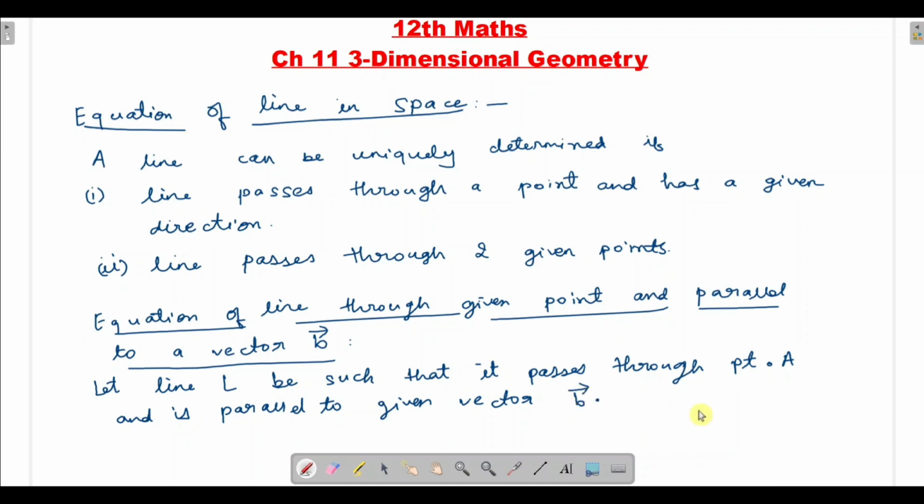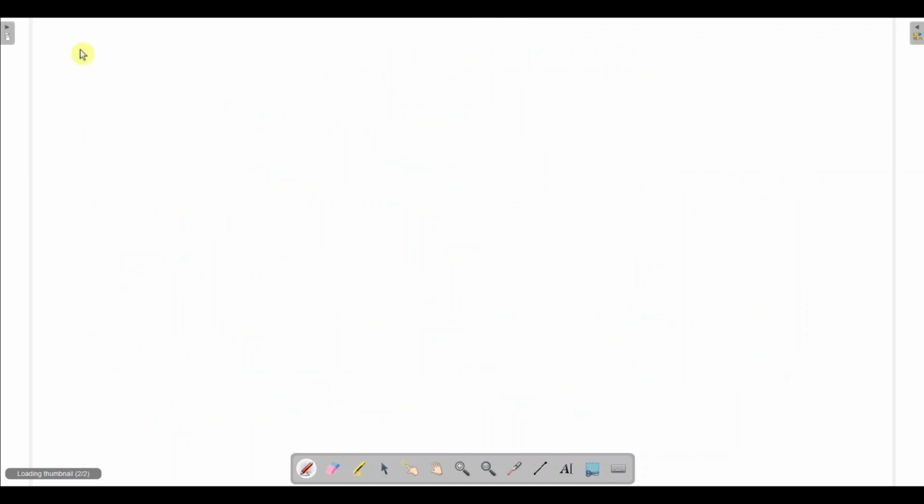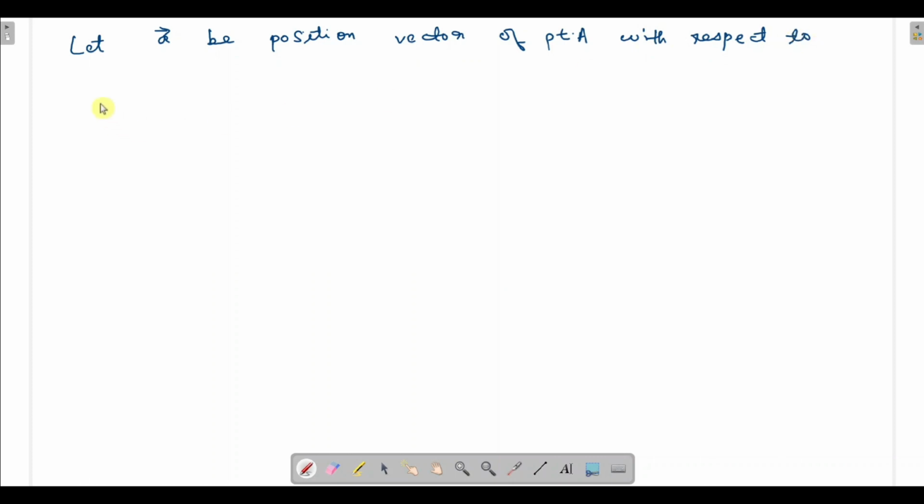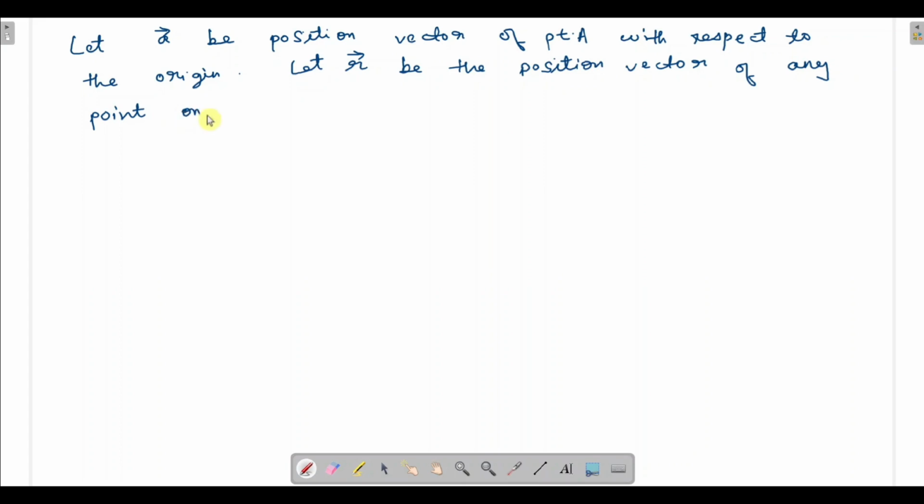Now let us consider the position vector of point A. Let A bar be the position vector of point A with respect to the origin, and let R bar be the position vector of any point on the line.